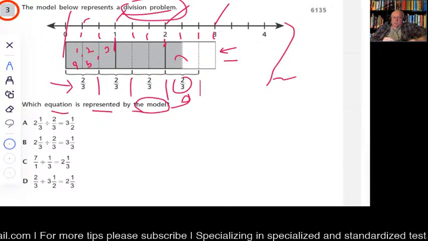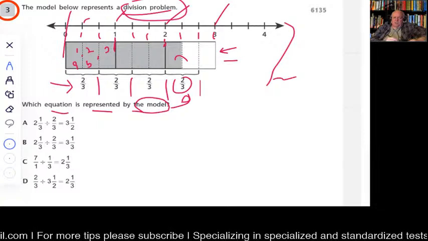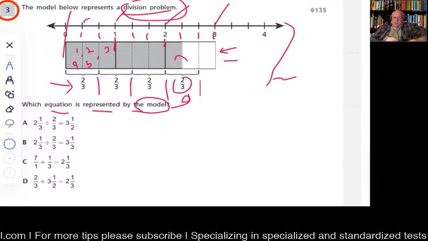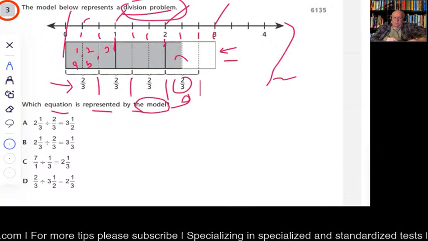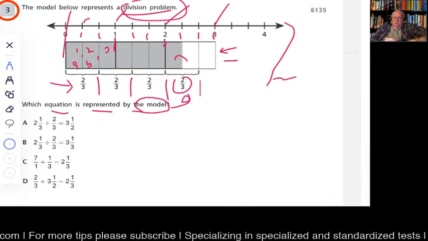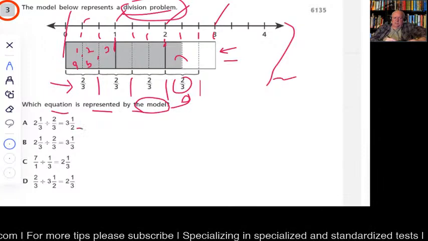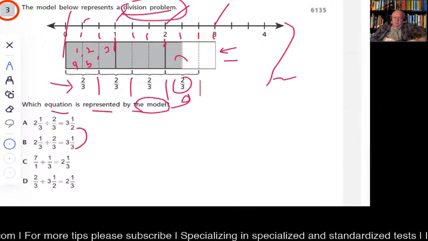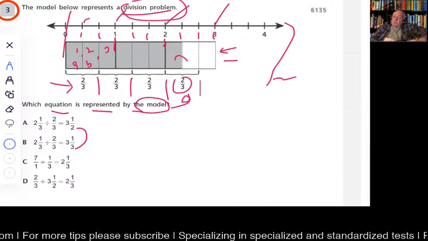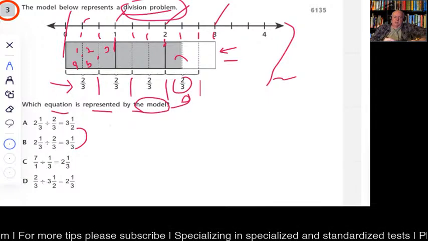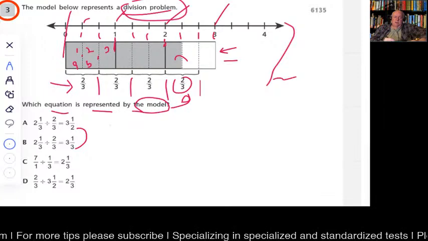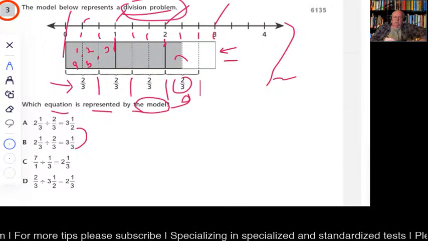So the first thing says 2 1/3, and I notice that A and B look similar, okay? The only difference is this is 3 1/2, and this is 3 1/3. So it could be that A and B is the answer, and we have to choose between that half and a third, okay? Or so let's look deeper.